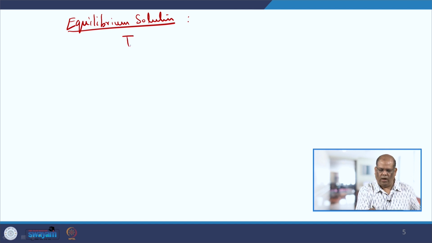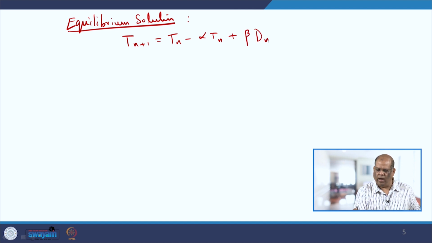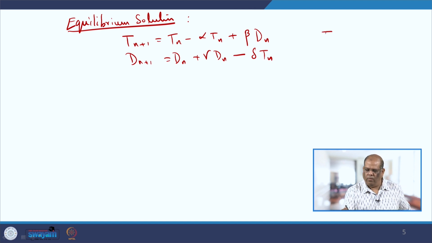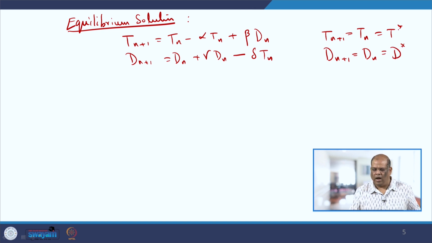So I have Tn plus 1 equal to Tn minus alpha Tn plus beta Dn, and Dn plus 1 equal to Dn plus gamma Dn minus delta Tn. For equilibria, there should not be any change from generation n to generation n plus 1, and hence we take both the values to be T star and D star, and substitute them here.